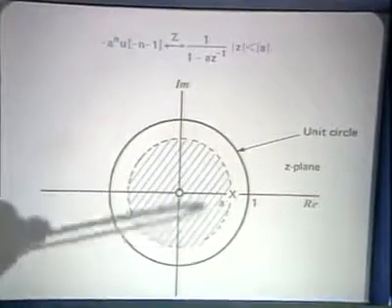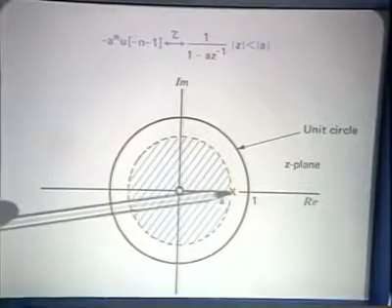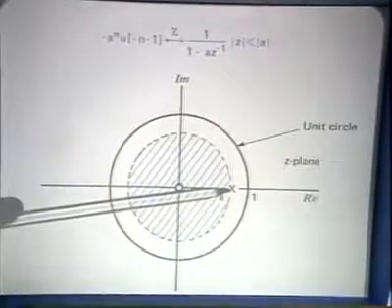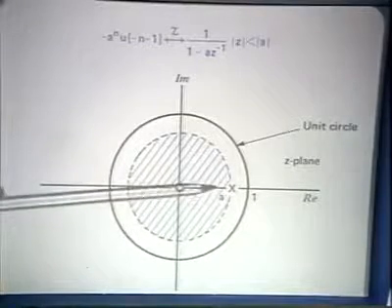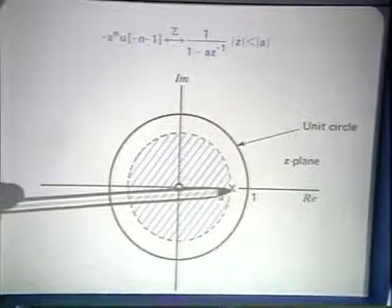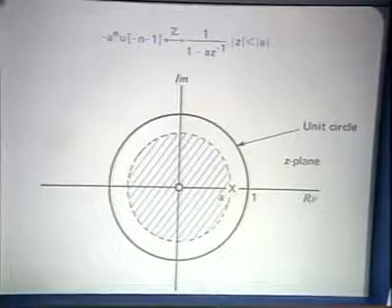And so, in fact, we cannot look at X of z for the magnitude of z equal to 1. And so this example, with the magnitude of a less than 1, does not have a Fourier transform that converges.